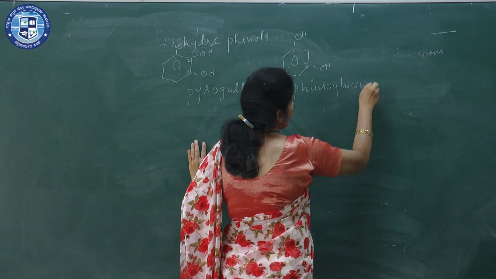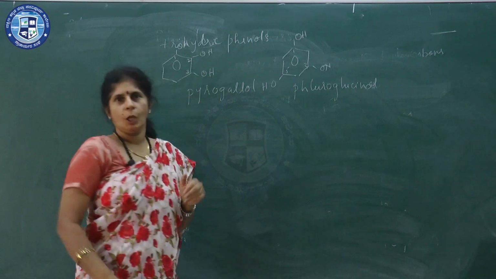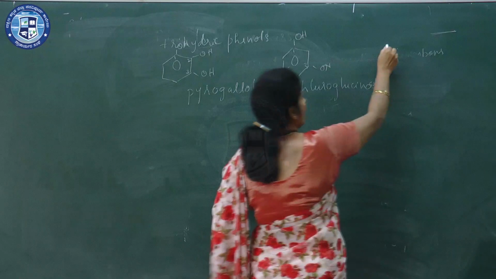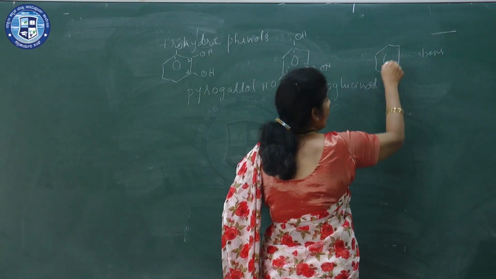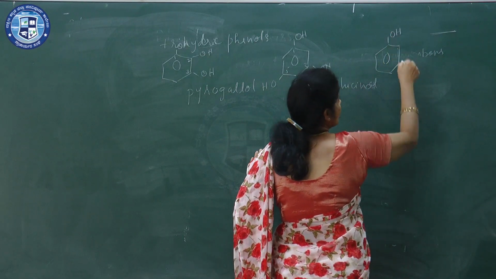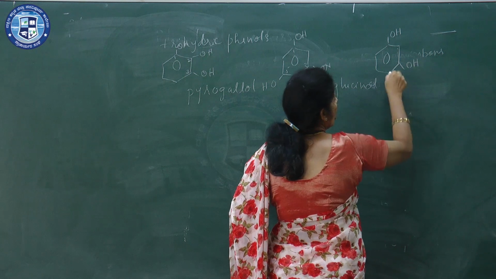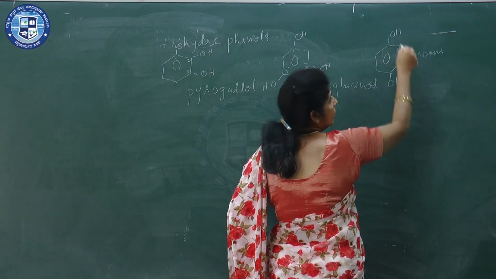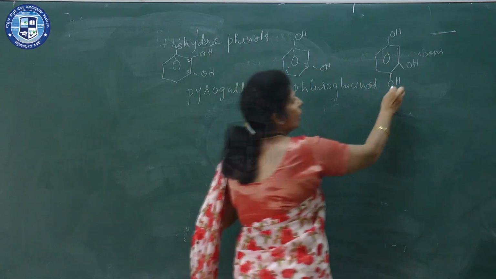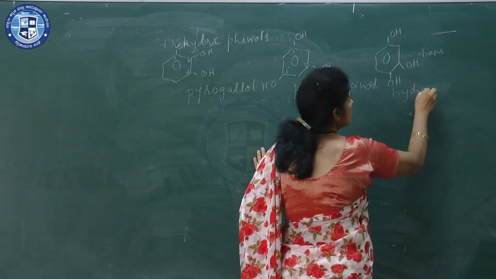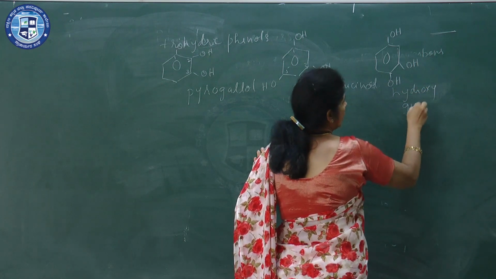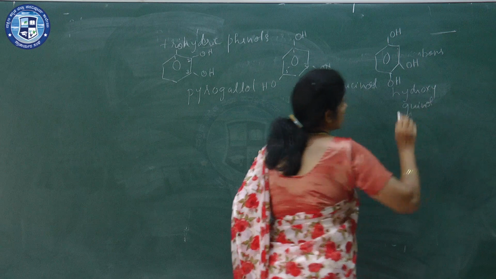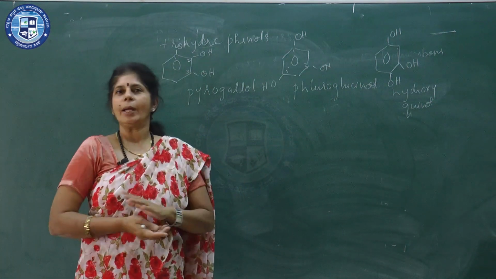And the last option, which is considered to be a derivative of quinol, where the OH groups are present on the 1st, 3rd and 4th position, is known as hydroxyquinol.